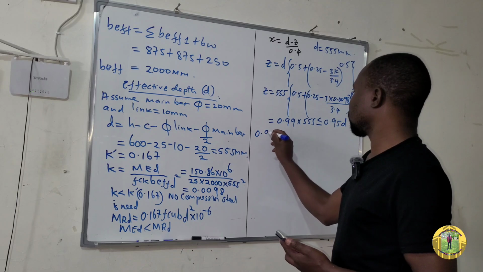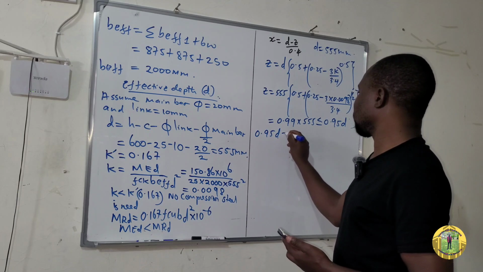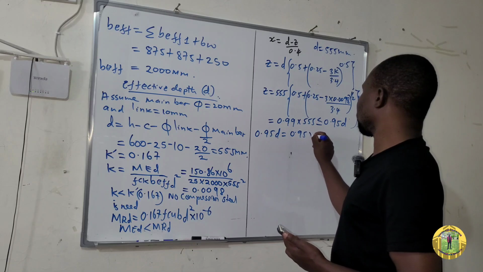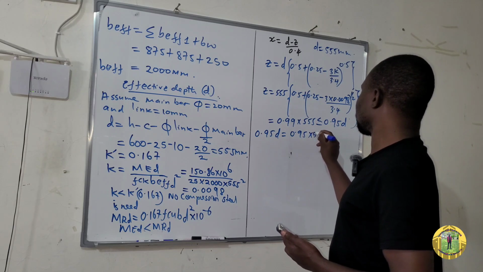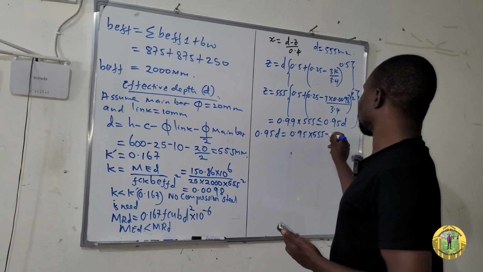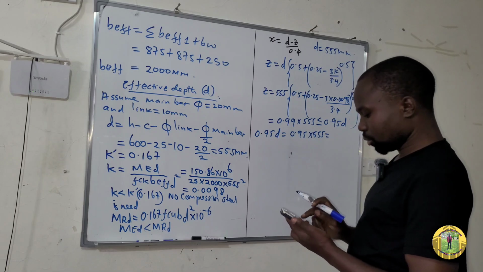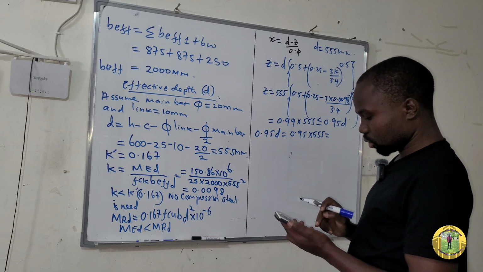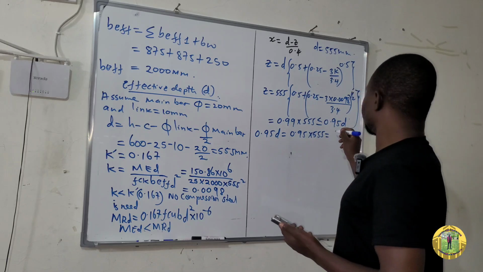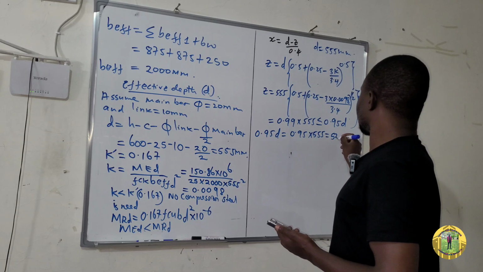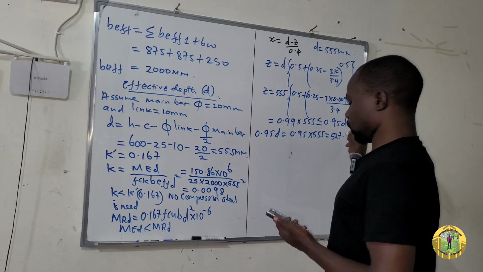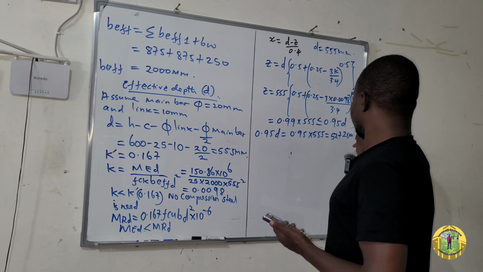So 0.95 D is equal to 0.95 times 3.5, which is equal to 527.25 millimeters.